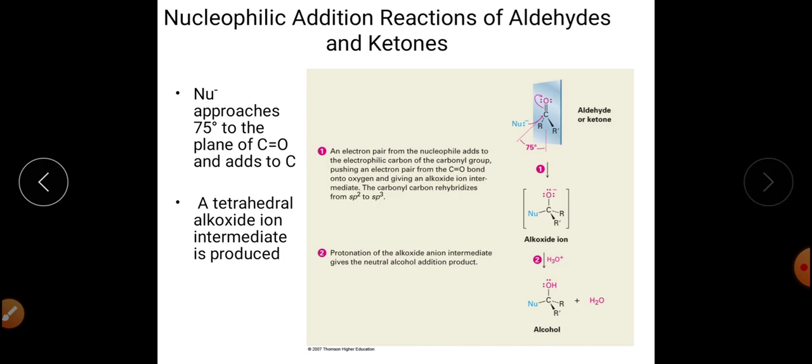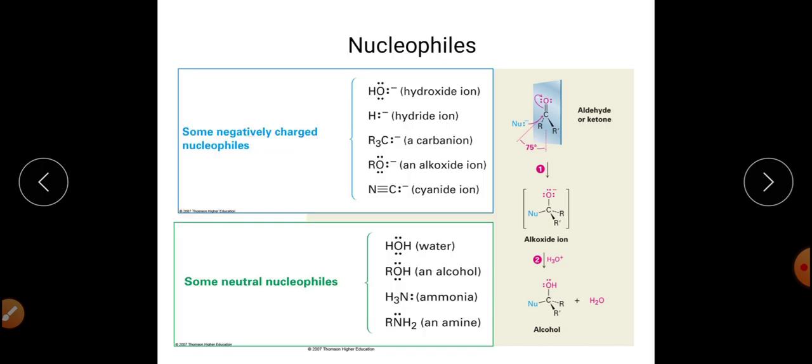Now the important point in this reaction is the type of nucleophile, what kind of nucleophile we can select for the reaction. Here are some negatively charged nucleophiles: the hydroxide ion, hydride ion, a carbanion R3C negative, alkoxide ion RO negative, and cyanide ion, that is CN negative.